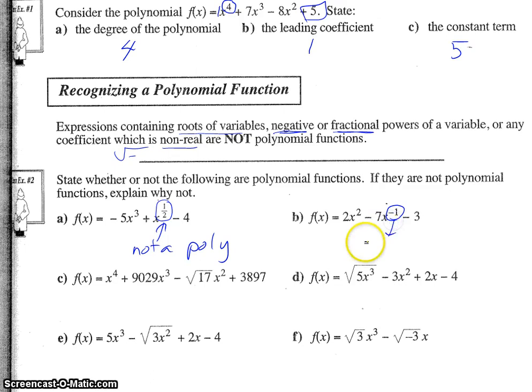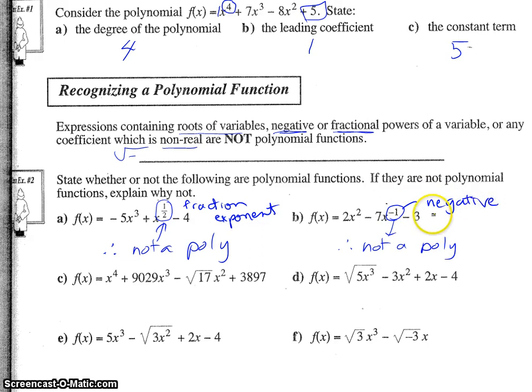Can't have a negative, therefore not a polynomial. I should probably write the reason why. Fraction exponent, therefore not a polynomial function. And this one is negative exponent, therefore not a polynomial function.